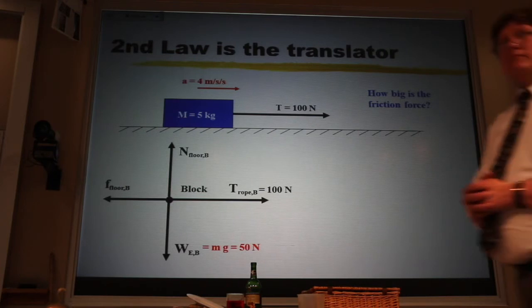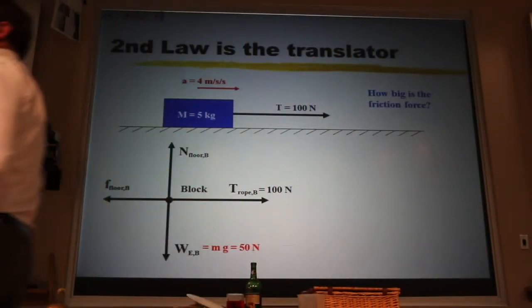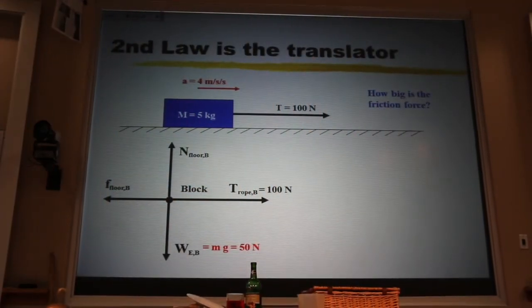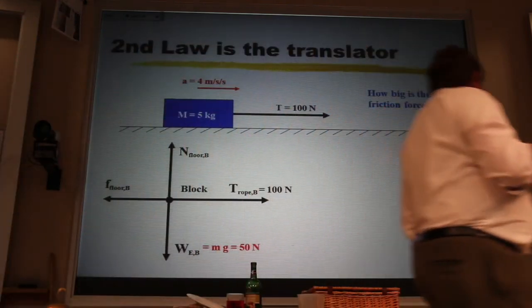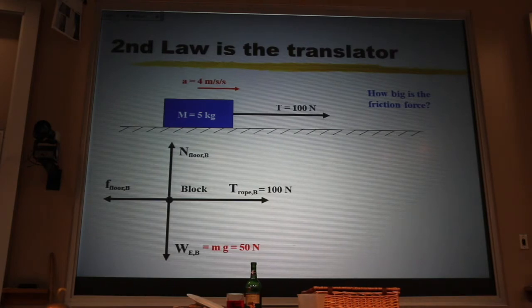Now, just like the first step of every force problem is always the same, so is the next step. Every time you finish a free body diagram, you get to use Newton's second law twice. Once in the y direction, once in the x direction. Let's do it first in the y direction. That's the acceleration.